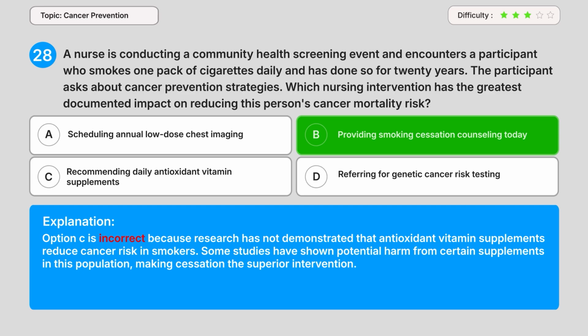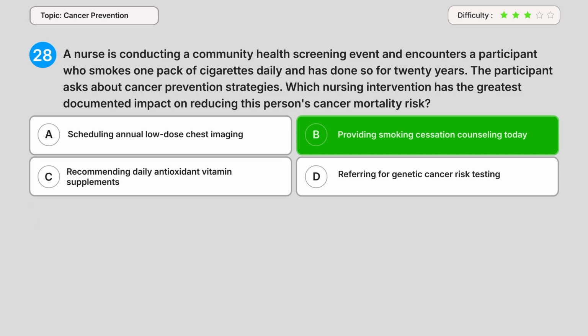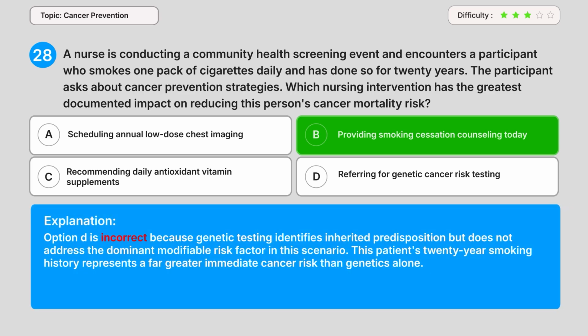Some studies have shown potential harm from certain supplements in this population, making cessation the superior intervention. Option D is incorrect because genetic testing identifies inherited predisposition, but does not address the dominant modifiable risk factor in this scenario. This patient's 20-year smoking history represents a far greater immediate cancer risk than genetics alone.